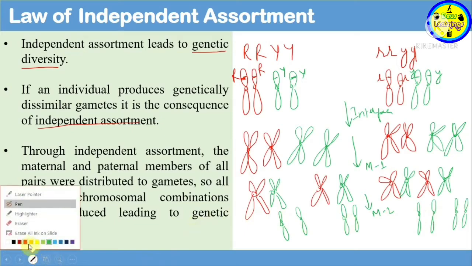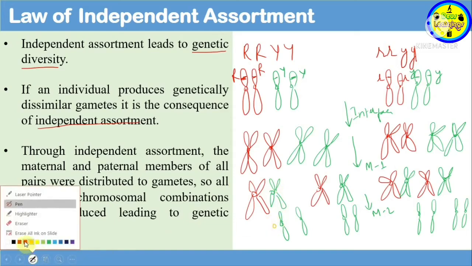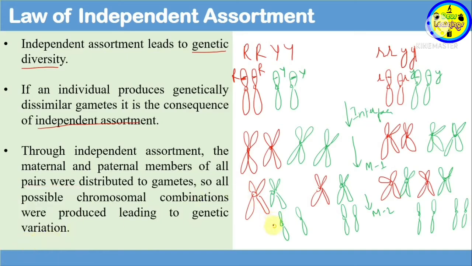We have a separation of sister chromatids. Let's put the chromatid here, chromatid here, then a chromatid here, and a chromatid here. Similarly here, and here also.